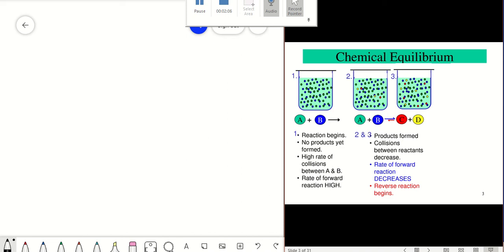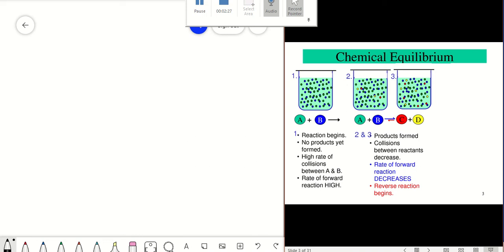Okay, so what will happen to our forward reaction? Since we are using up more and more of A and B, the concentration of reactants is going down, which means that the rate of forward reaction is going down as time is progressing. And as time progresses, more and more C and D will be produced.